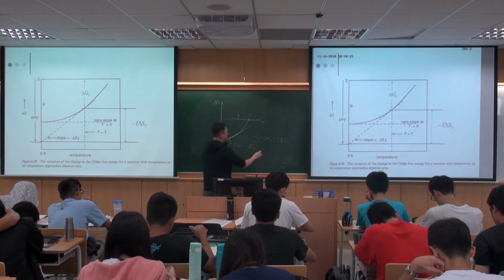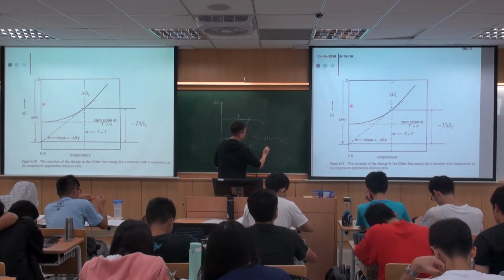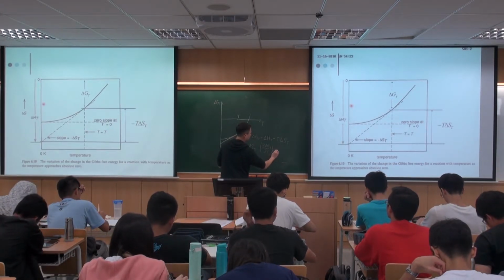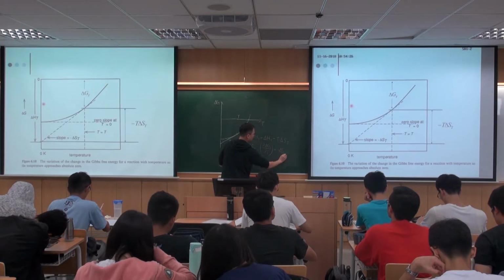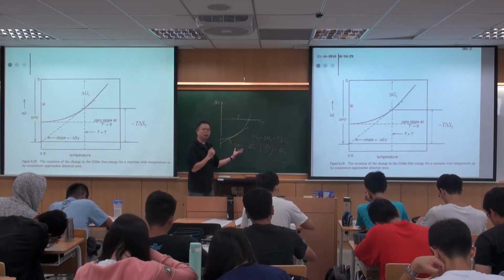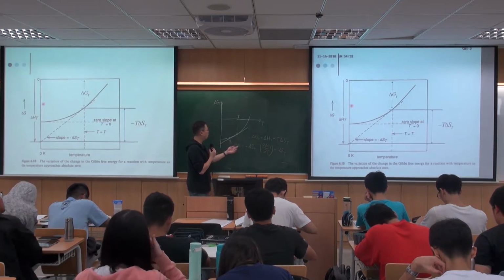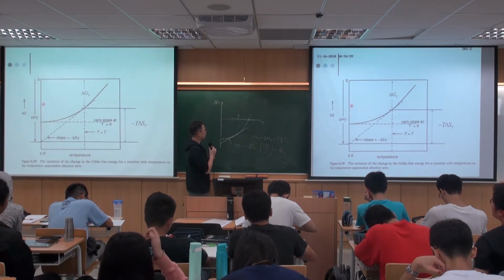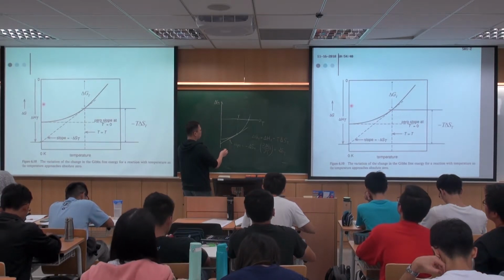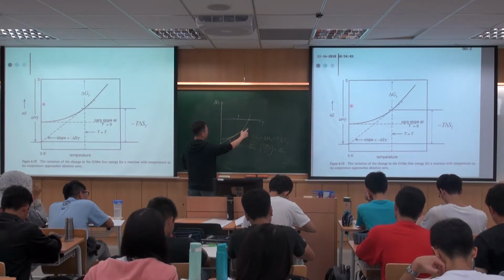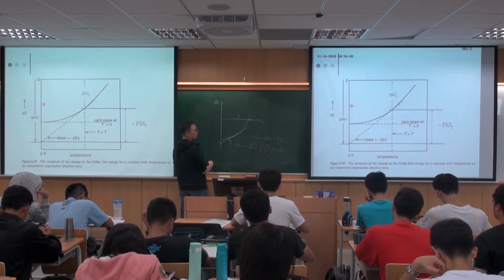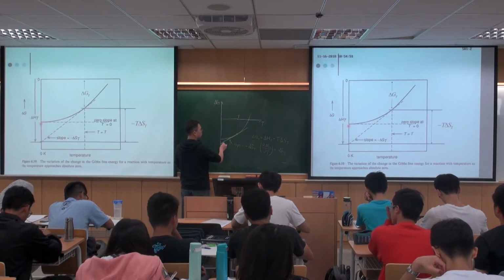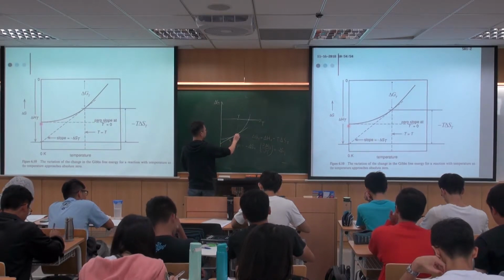So the argument that we just brought up, that the slope is minus delta S(T), is due to this. More importantly, minus delta S(T) corresponds to this. This is delta H. T delta S(T).